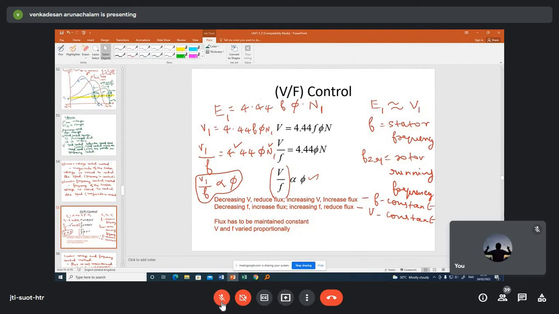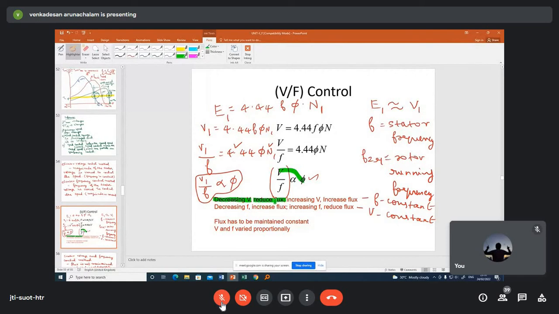Now, in the stator voltage control method, if you decrease V, flux will reduce because V is directly proportional to the flux.